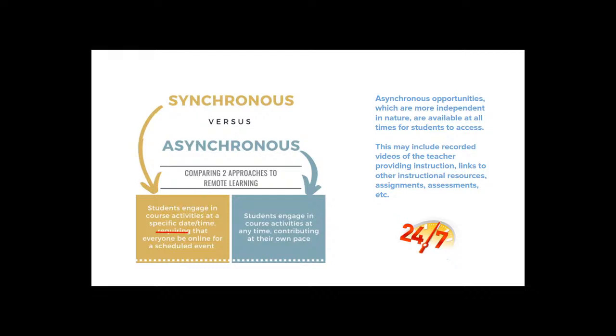Families need to understand that we are sensitive to the fact that we know parents work, we know that children are not always at their home in front of a computer or have internet access. So this is the reason why we have both synchronous and asynchronous, which is 24/7 available to the students.